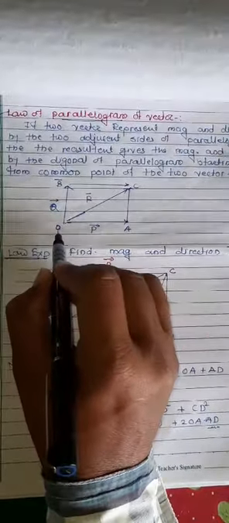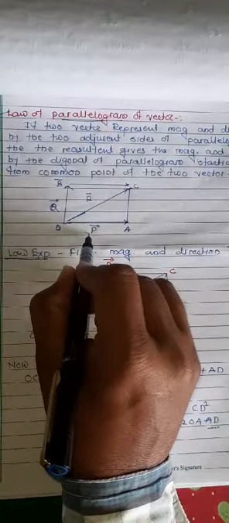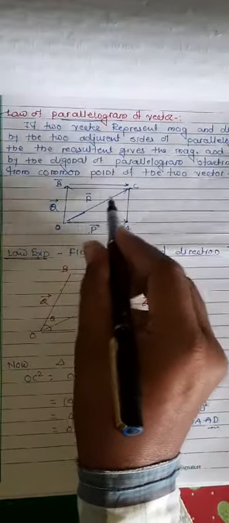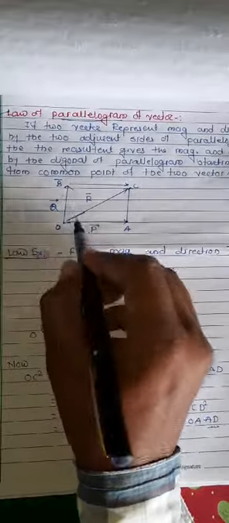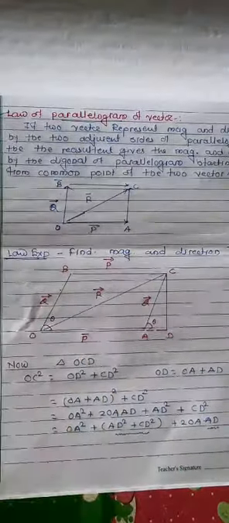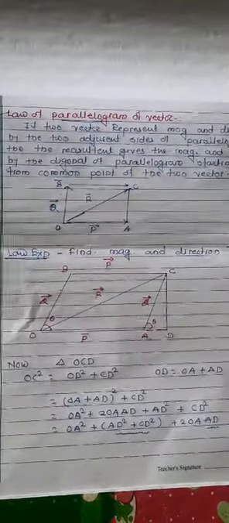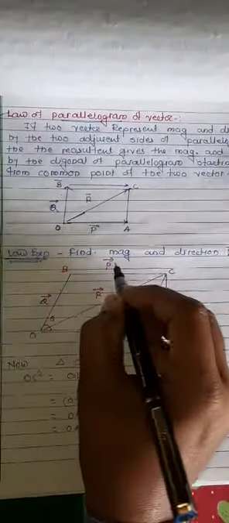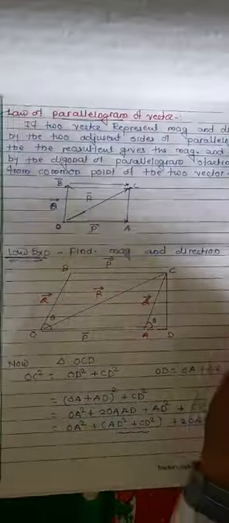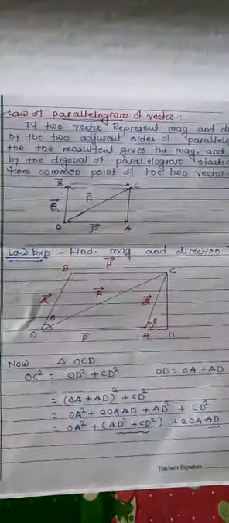This is the origin point of OA bar and OB bar, or in short P bar and Q bar, and R bar also originates there. Now we have to find out the magnitude and direction of the resultant vector, that is, this diagonal.